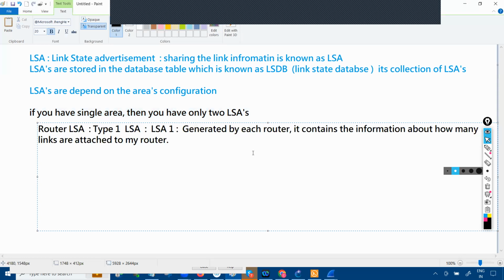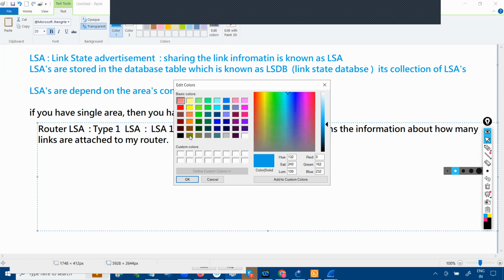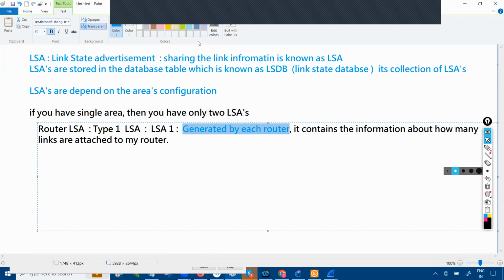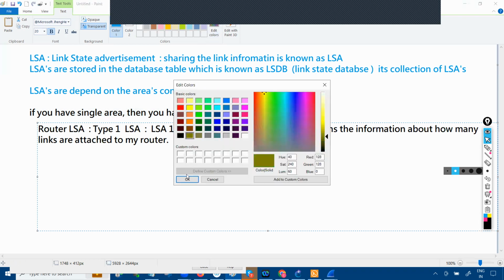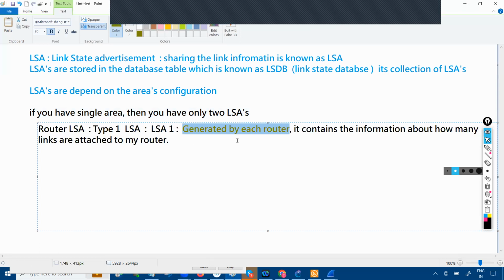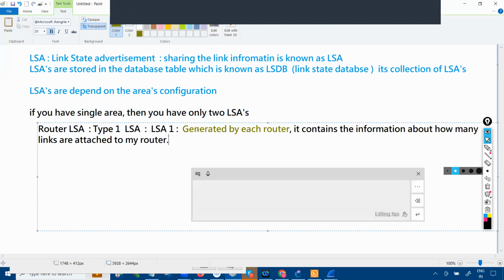First, focus on the name. We have a router LSA, which is known as the type 1 LSA, also known as LSA 1. It's generated by each router in the sense that if you have 10 routers, then you have 10 router LSAs. If you have 20 routers, you have 20 router LSAs. If you have 30 routers, you have 30 router LSAs.